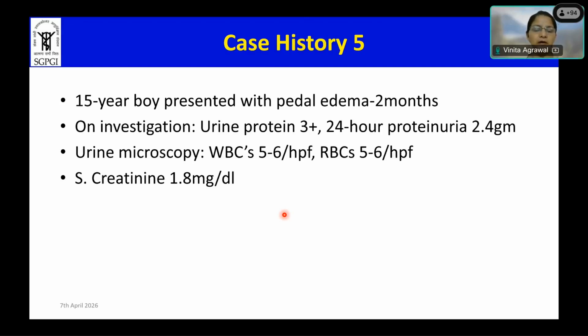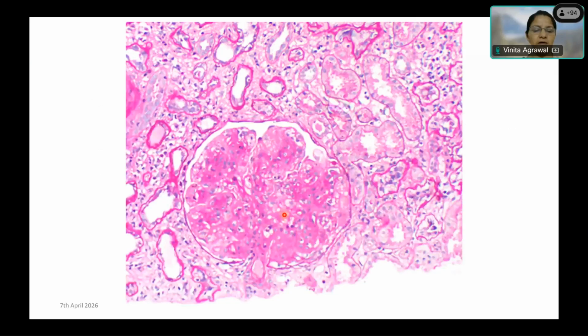What do you find in the biopsy, Mampi? It's loading. Okay, it is a PAS stain. We can see there is one glomerulus. When you talk of one, it is glomerulus; when there are more than one, then it is glomeruli.